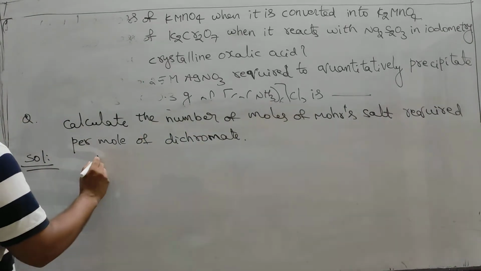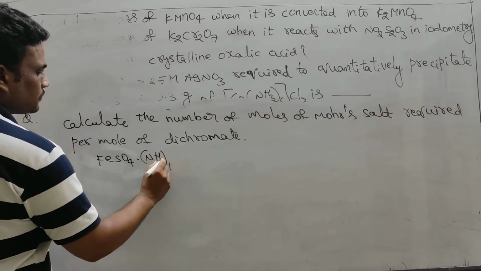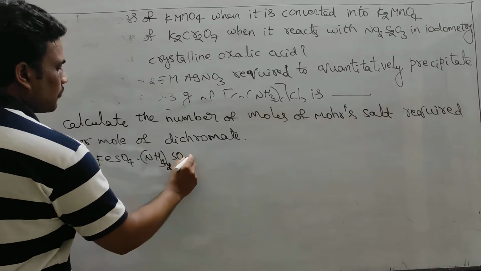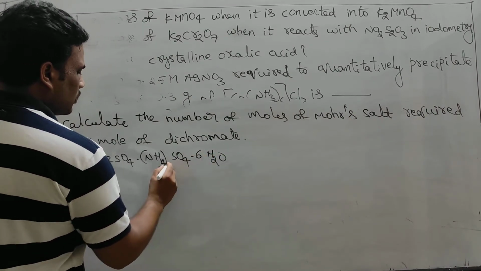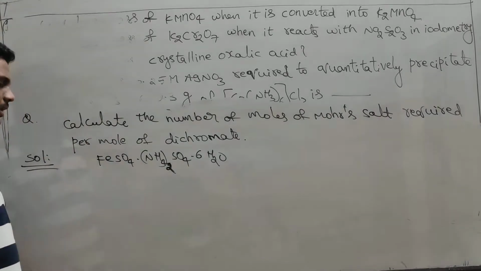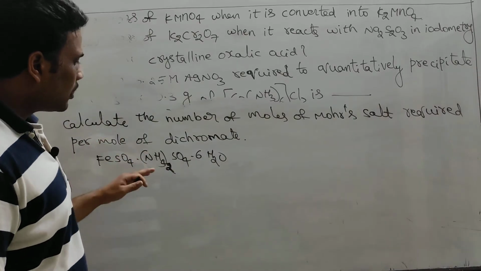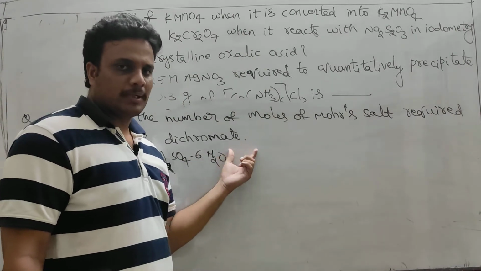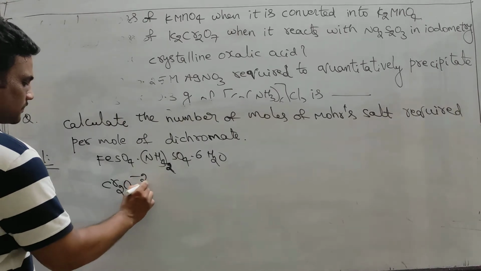Okay, so the reaction between Mohr's salt and dichromate. What is Mohr's salt? Ferrous ammonium sulfate, whatever water molecules of crystallization it may have, leave it. But what are the species which can be oxidized by dichromate? Dichromate is given. No doubt we know dichromate is an oxidizing agent.